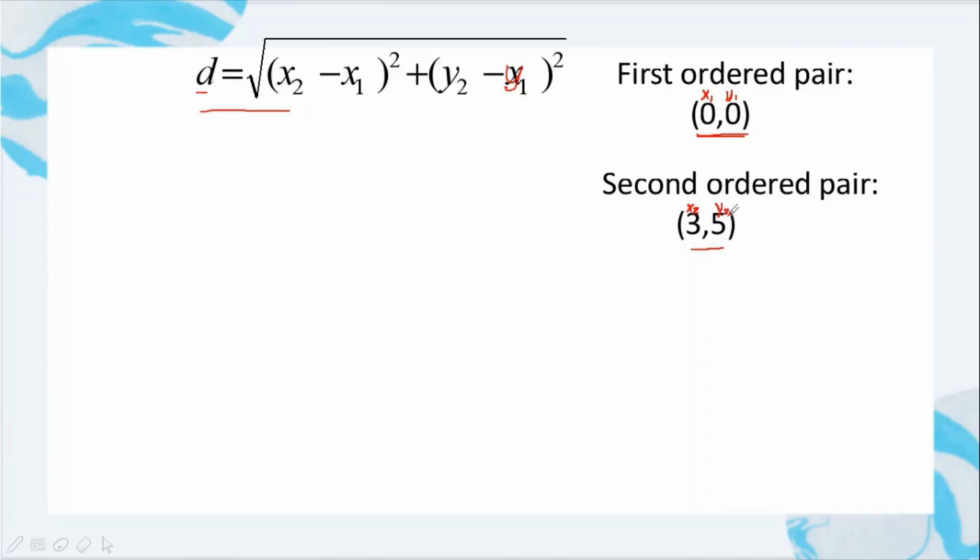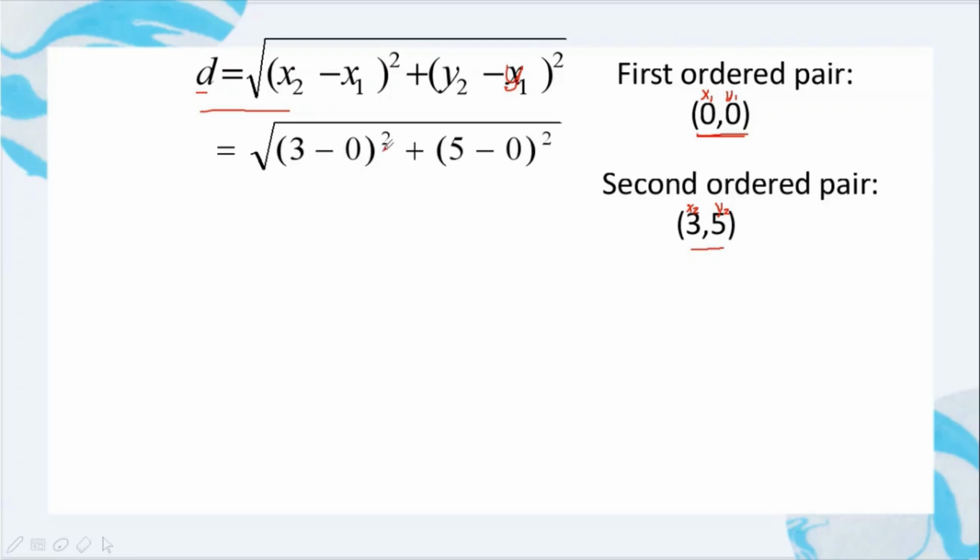Then after determining which is x sub 1, x sub 2, y sub 1, y sub 2, substitute it to the formula. Okay? So we have, again, our x sub 2 is 3. Our x sub 1 is 0. So minus 0.